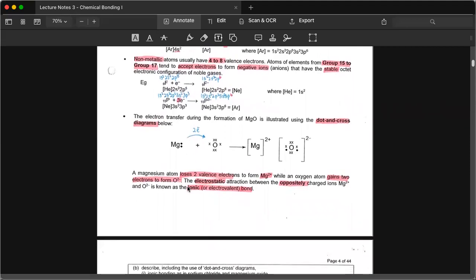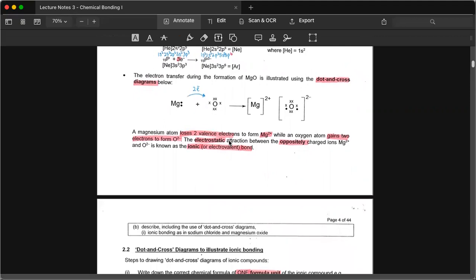The electron transfer during the formation of magnesium oxide can be illustrated using dot and cross diagrams, where the magnesium loses 2 electrons to form Mg2+, and the oxygen atom gains the 2 electrons to form the oxide ion. The electrostatic attraction between the oppositely charged ions is known as an ionic or electrovalent bond.